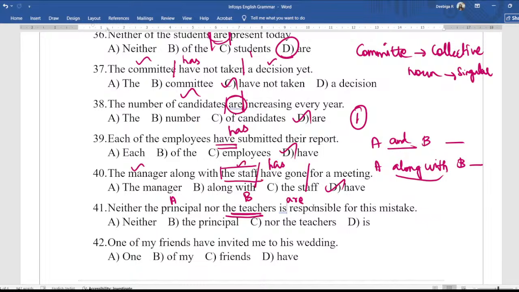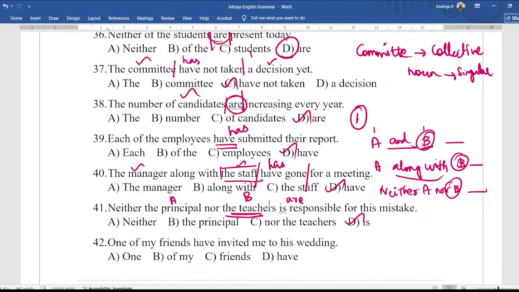The reason being, when you encounter A and B, A along with B, neither A nor B, you look at the singularity and plurality of A and B. If both are singular, singular verb. Both are plural, plural verb. If one is singular, one is plural, take this. If one is plural, one is singular, always take B. B, teachers, plural, so you take are.